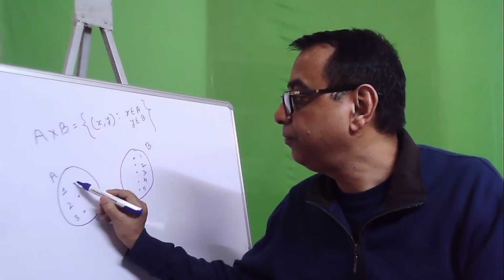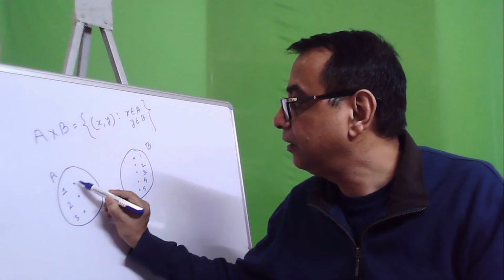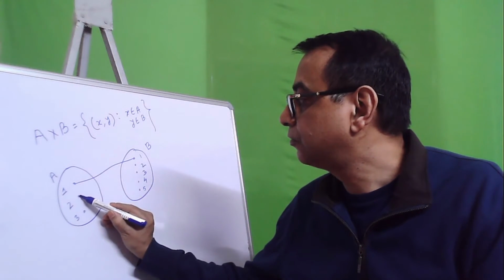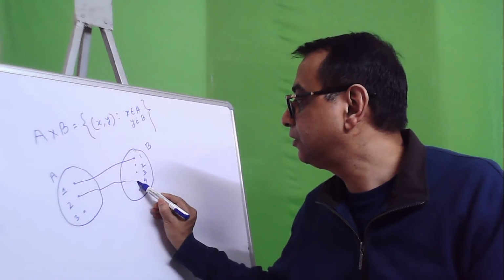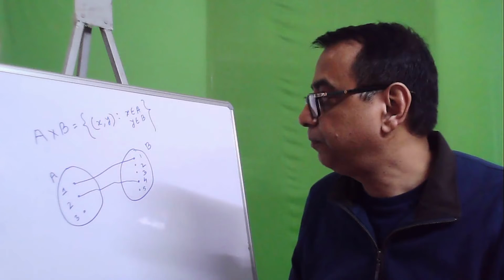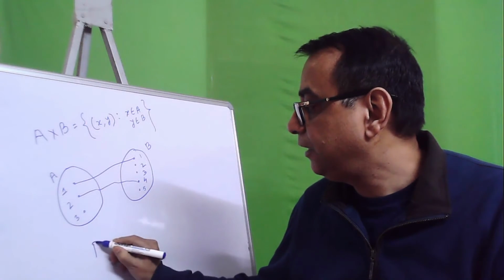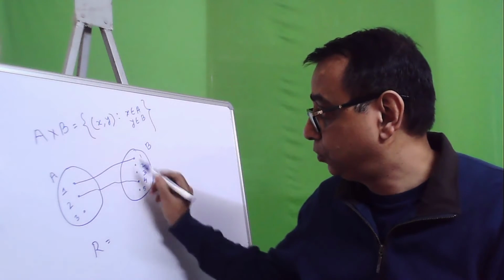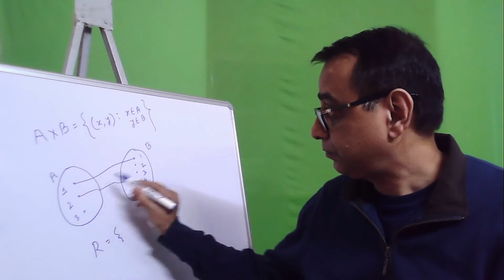Then what will it mean? Square 1, it will have a relationship. Square 2, it will have a relationship here with 4. So out of these 15 ordered pairs, we can define a relationship for these two ordered pairs.